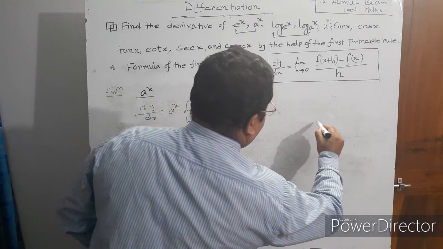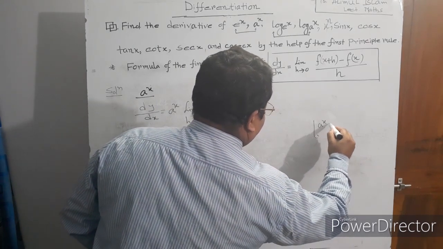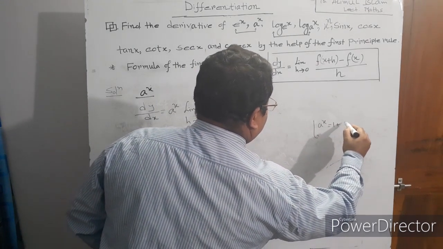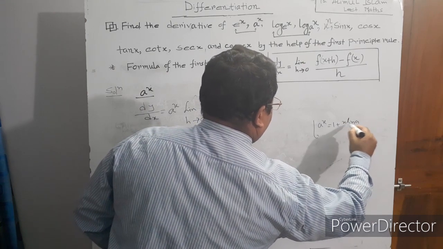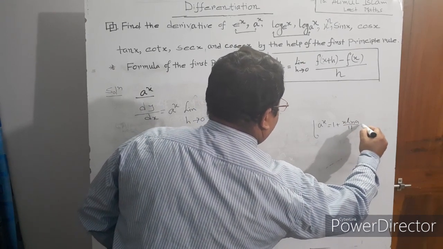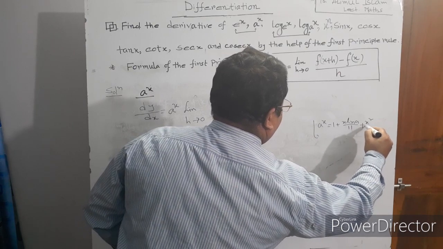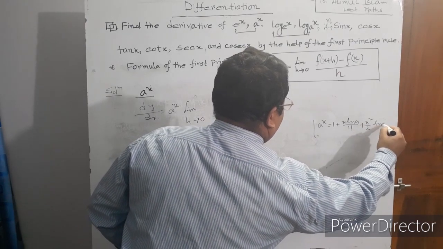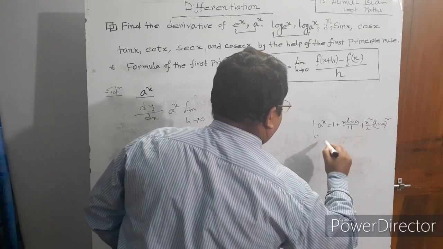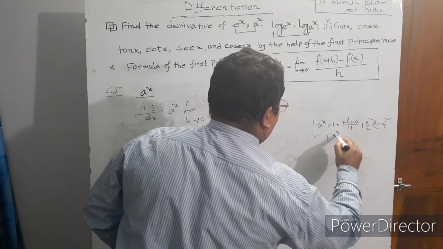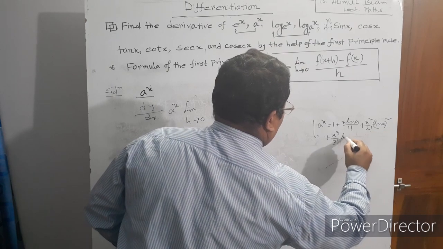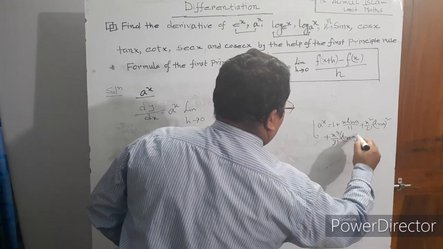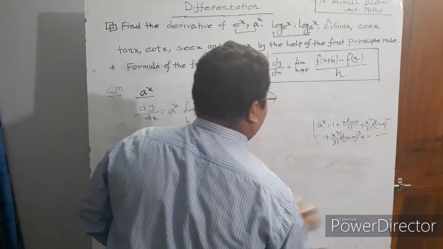You know that a to the power x is equal to 1 plus x log a by factorial 1, plus x square by factorial 2 log a whole square, plus x cube by factorial 3 ln a whole cube, plus dot dot dot up to infinity.